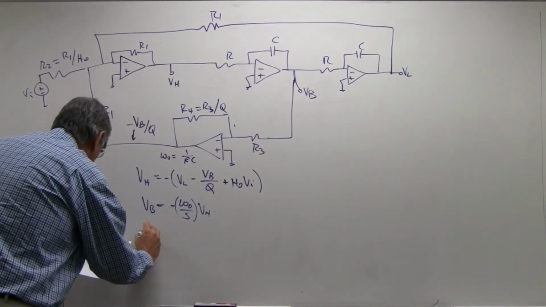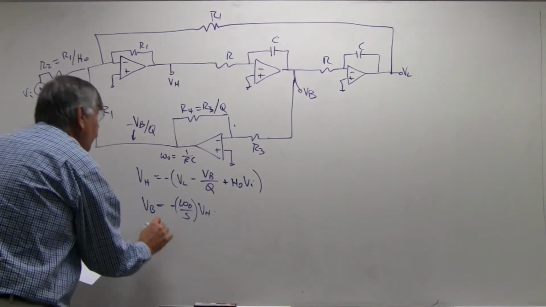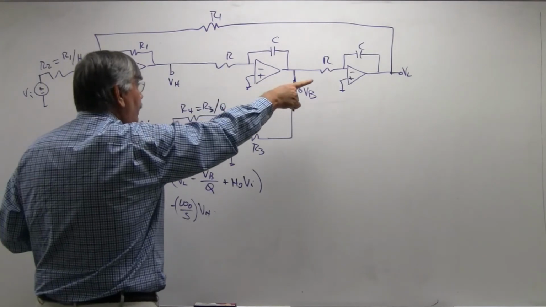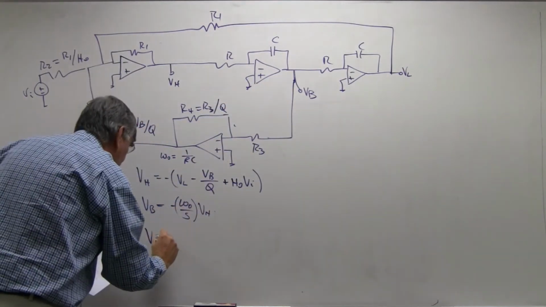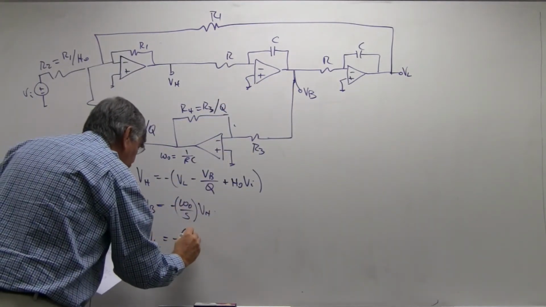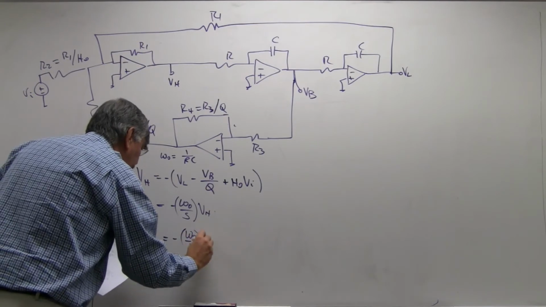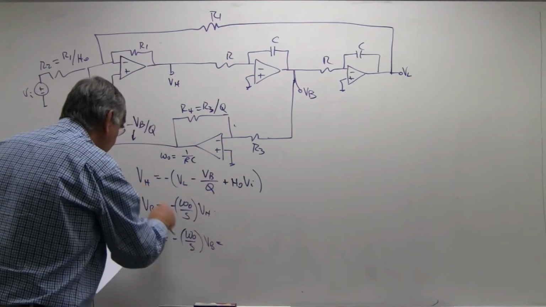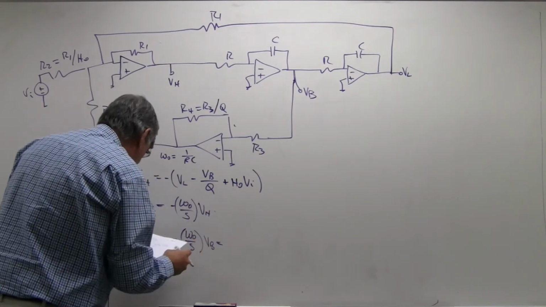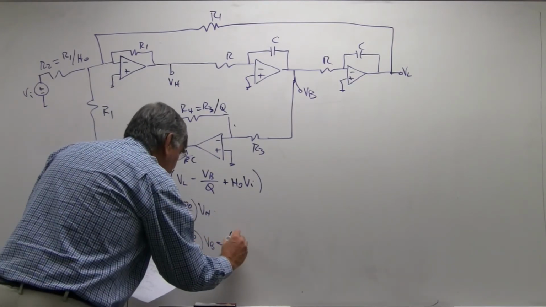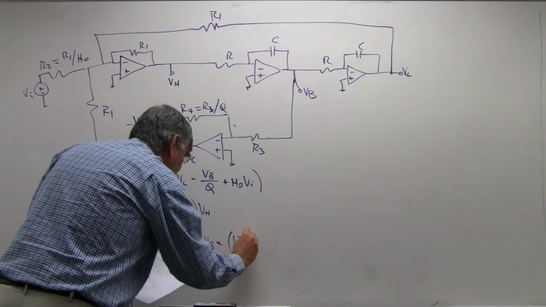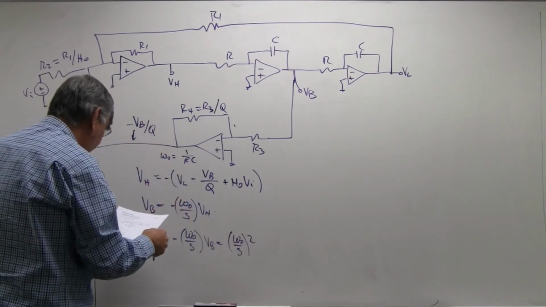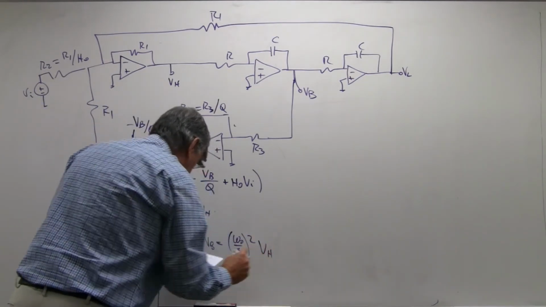So the next one is going to be that VL, which is that output, is the integral of VB, minus the integral of VB. But if we substitute these other things into here, then that thing has to equal omega naught over S quantity squared times VH.